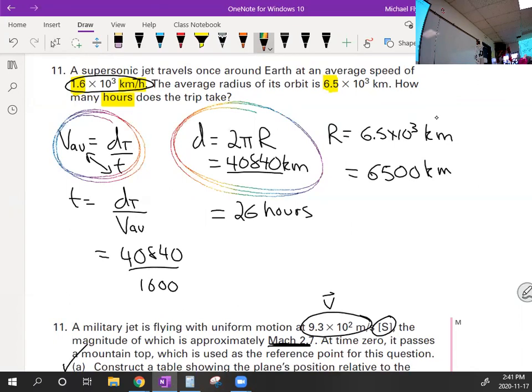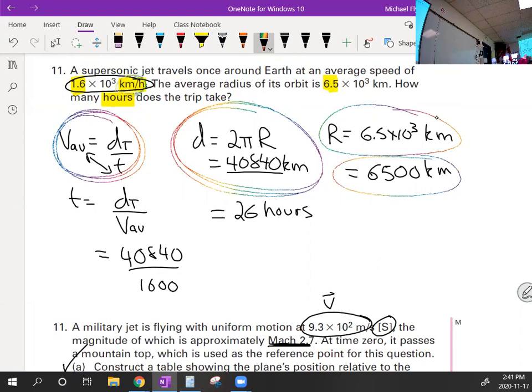Now, a couple of things. Some of you were mentioning in the homework that the radius of Earth is 6.5 times 10 to the 3. You'll notice how the textbook absolutely loves scientific notation, times 10 to the everything for all the answers. That's 6,500 kilometers. You don't have to convert it to meters, because you need to pay careful attention to the units.